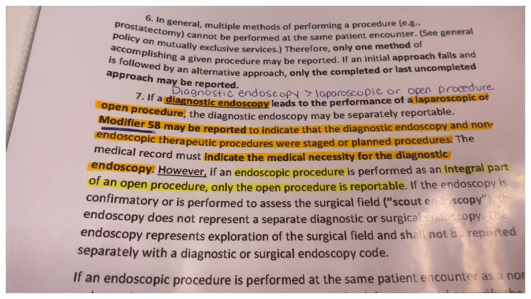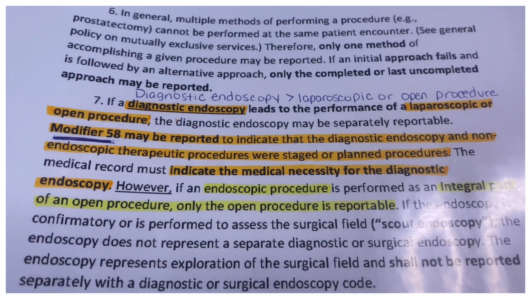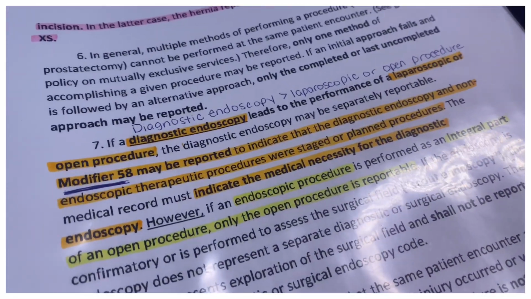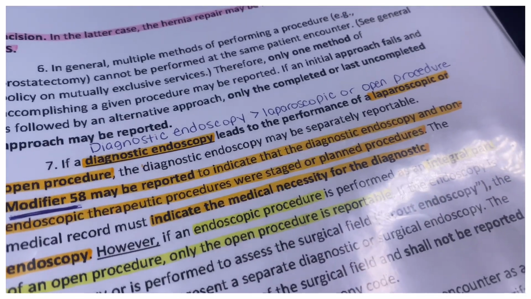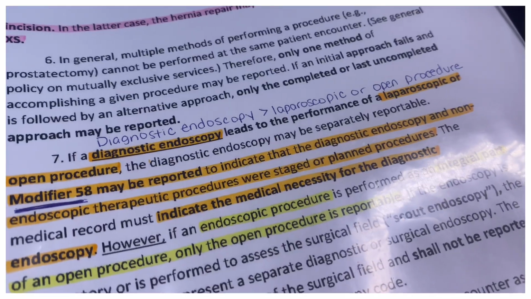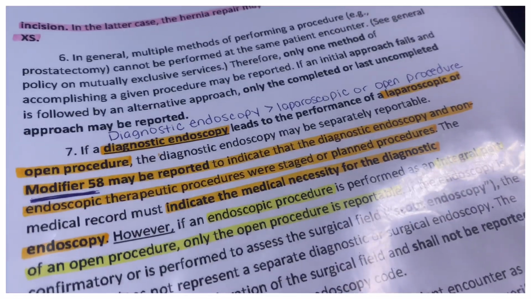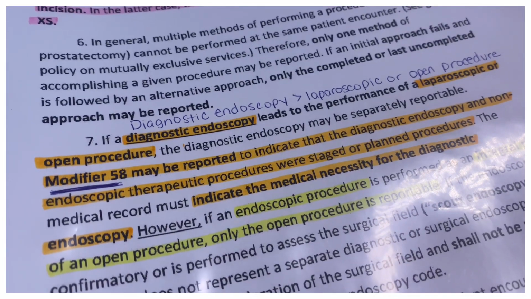They tell you about diagnostic endoscopies that are converted to a laparoscopic or an open procedure. And it reads here that the diagnostic endoscopy may be separately reportable. So I didn't want anyone to get confused thinking that a diagnostic laparoscopy is the same as a diagnostic endoscopy.